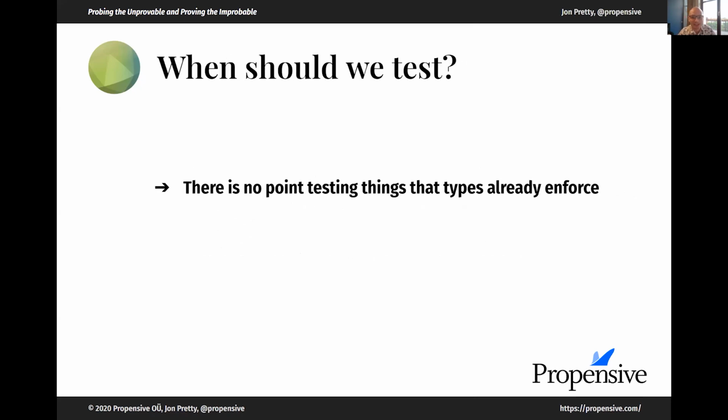So when do we test? Well, if our type system is already enforcing constraints and invariants, then there really is no point in a language like Scala to have tests that prove something that we already know.